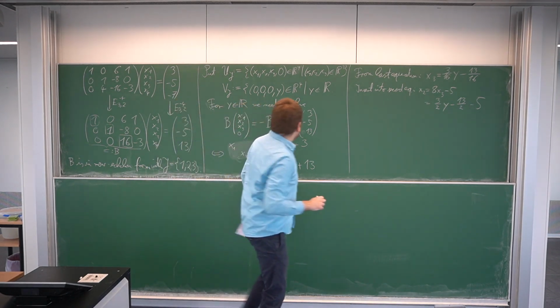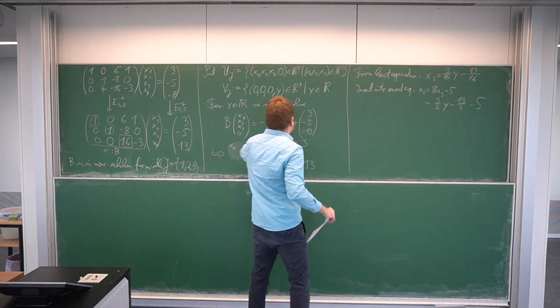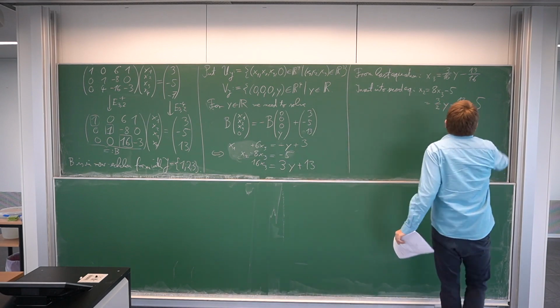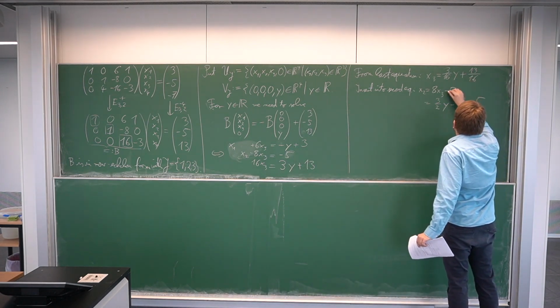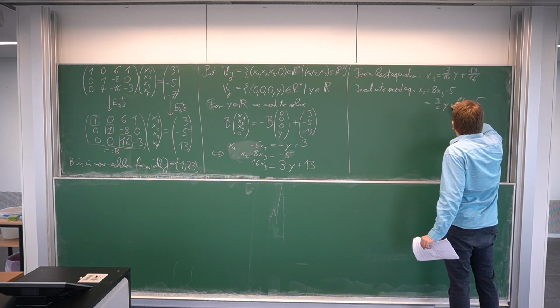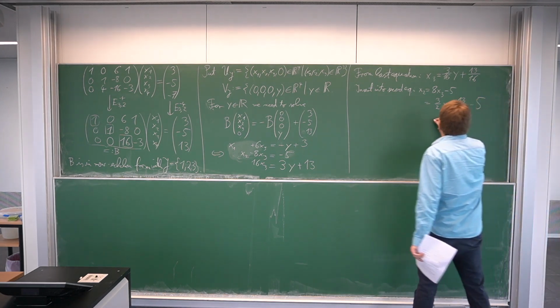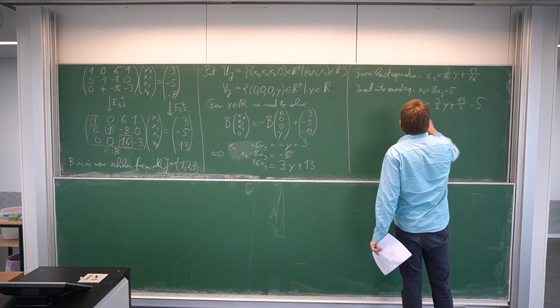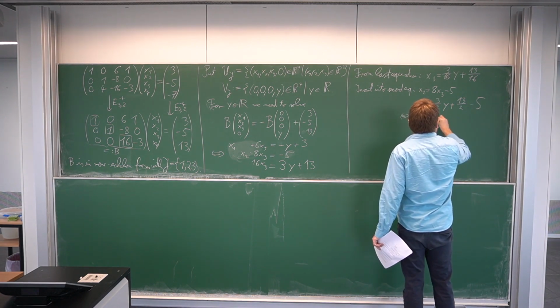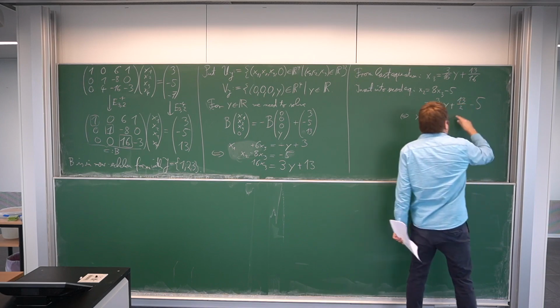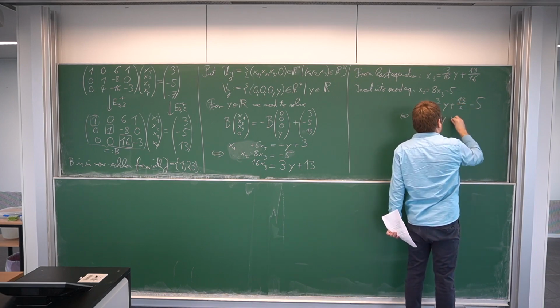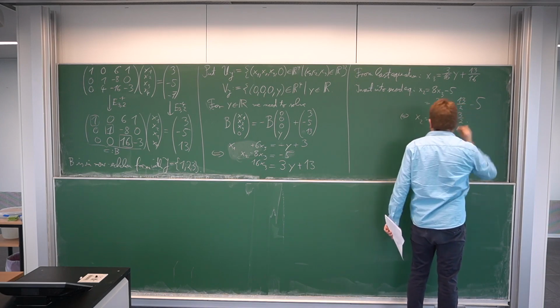I just had the minus in the wrong part. So here we get a plus, and now this is fine. Okay, this is better. So x2 is 3 over 2y, and now we have 13 over 2 minus 10 over 2, which gives 3 over 2.